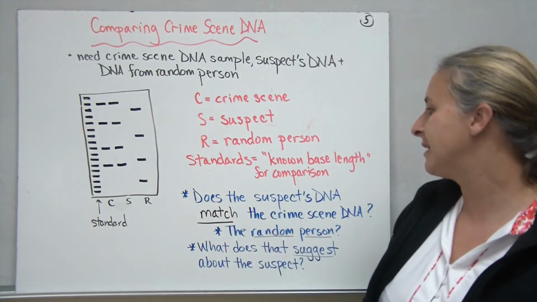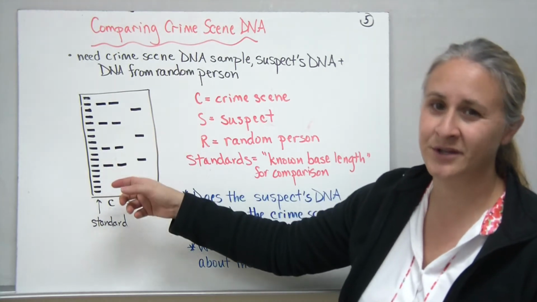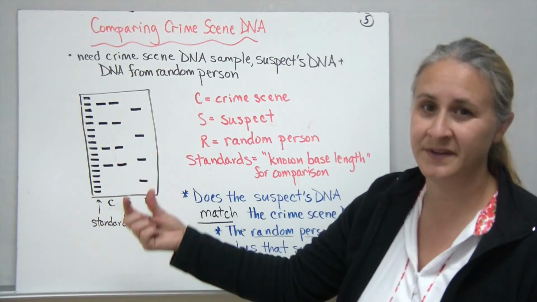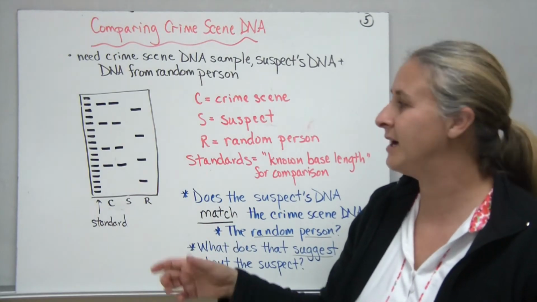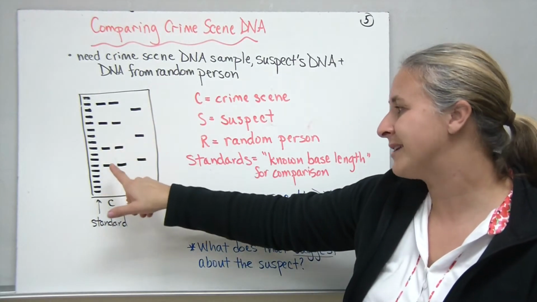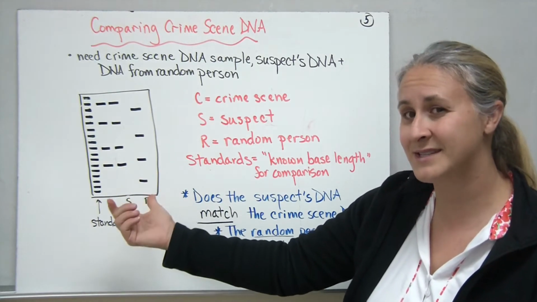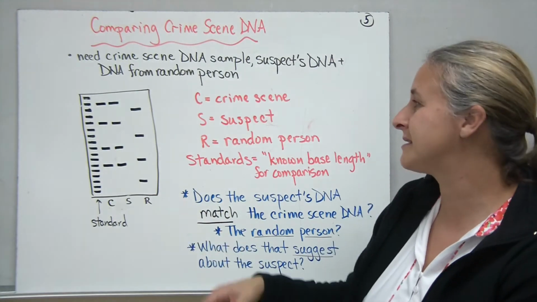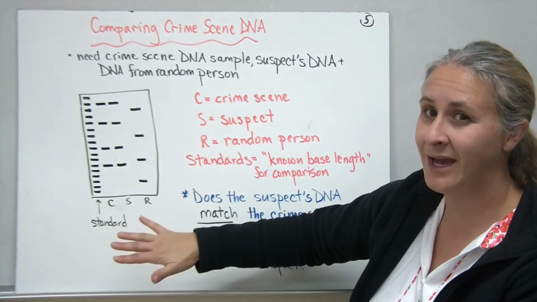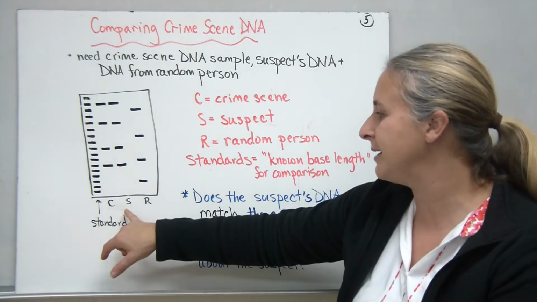So a couple of things to think about. If I know that these bands are segments of DNA of a specific length that got cut in specific sections by my enzymes, if the bands match up, it means that the DNA matches in terms of at least size, probably also the same sequence. So that means the DNA is a match. So in this case, does the suspect's DNA match the crime scene DNA?